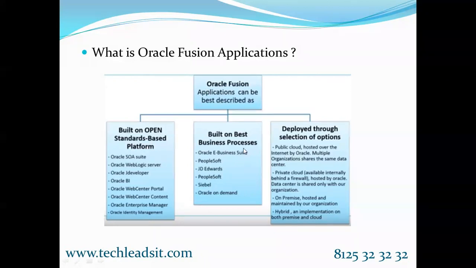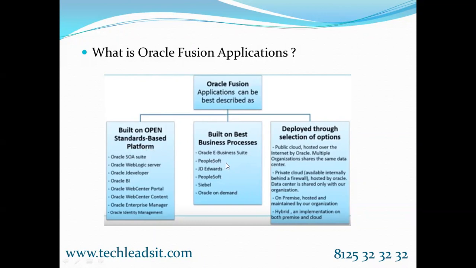The same way, we have the best business processes also available, where Oracle E-Business Suite is the proprietary application of Oracle. Along with this, Oracle bought PeopleSoft, JD Edwards, Siebel, and Oracle On Demand. These best open-based platforms and business processes are combined together as Fusion applications.